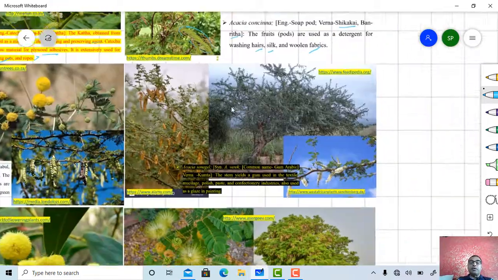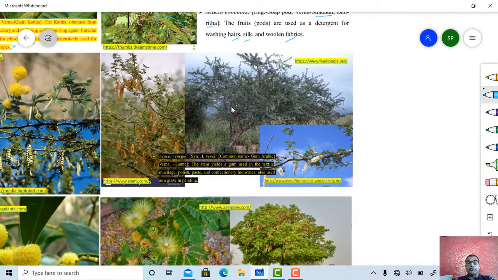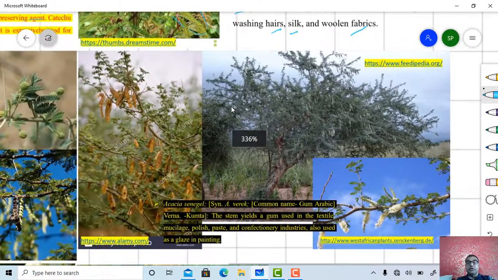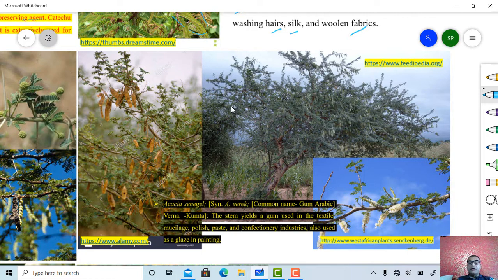Then the next plant is Acacia senegal, or this one is also called Acacia verek, and the common name is gum arabic. In Marathi it is called kumtha. So this is a tree habit of the gum arabic. This is a portion of some branches.